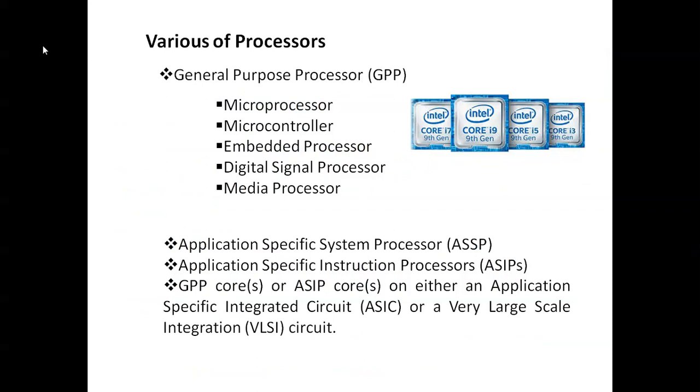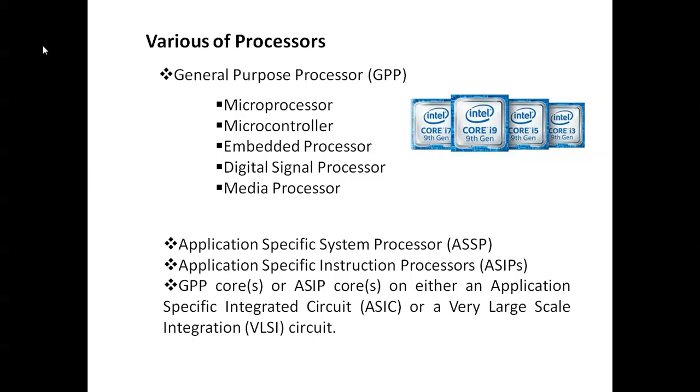What are the various processors in the embedded system? First, general purpose processor, GPP, microprocessor, microcontroller, embedded processor, digital signal processor, media processor. Application specific system processor, ASSP.